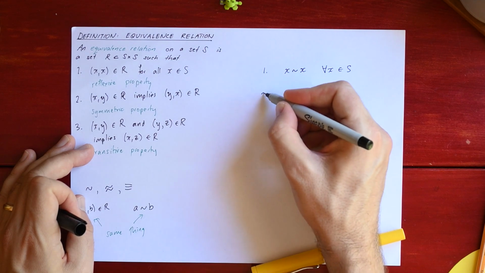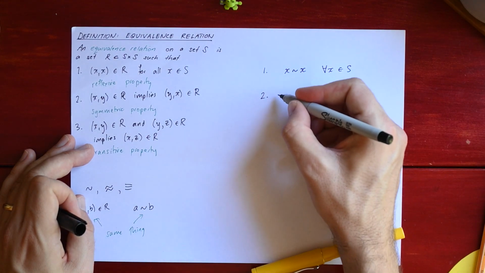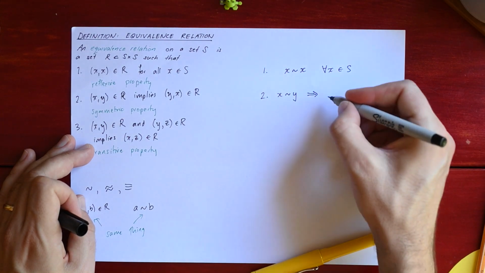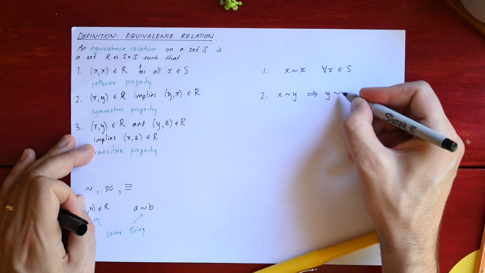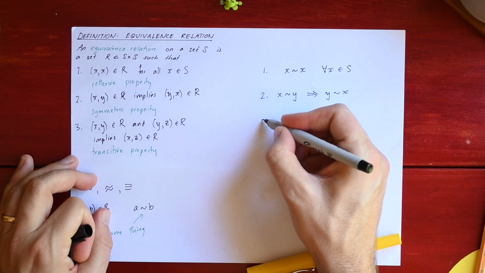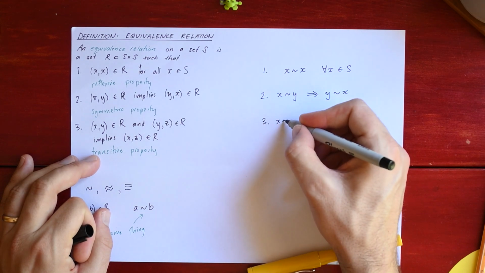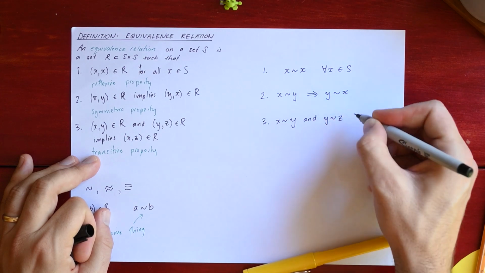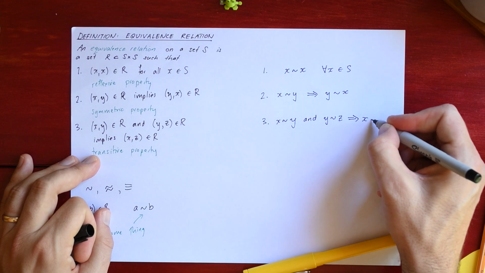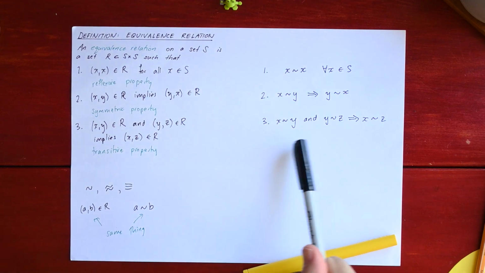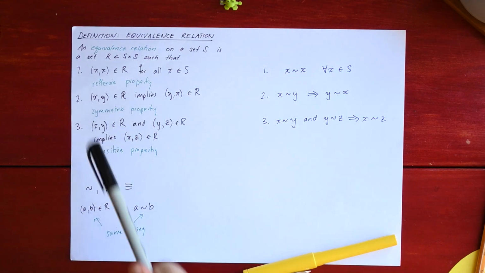Second one, the symmetric property, says that x is equivalent to y implies, and let's practice using some more symbols, using arrows this time, that y is equivalent to x. This is for x and y in our set, which I won't bother to write down. And the third property is that x is equivalent to y and y is equivalent to z implies that x is equivalent to z. So most of the time we will use notation more like this for equivalence rather than using our set notation.